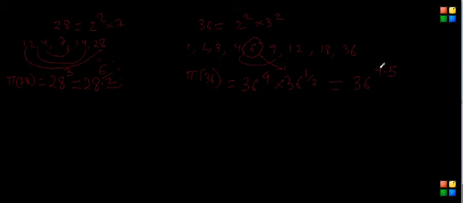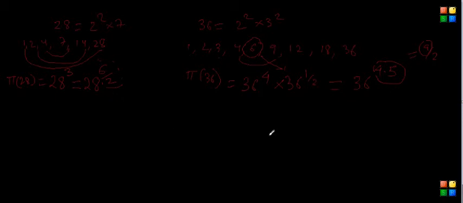Now interesting, if you see, this 4.5 is nothing but 9 by 2. And what is my 9 here? 9 is the total number of positive factors of 36. So it does not matter whether my number n is a perfect square or not. In any case, I am finding a similar kind of result.